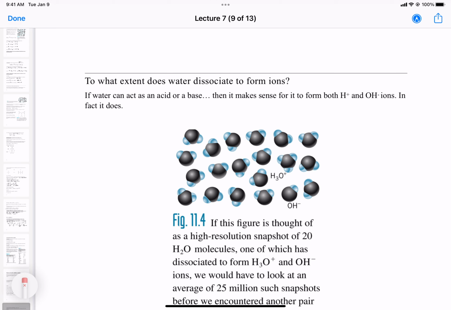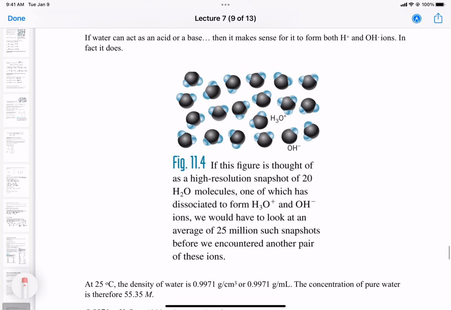So think about this picture as a screenshot of, say, water and its molecules in action here. So one has dissociated to ions, right? So if you think about this, a big picture of the bulk, a small picture of a huge sample of water, you could think of it as saying, okay, here's 20 water molecules.